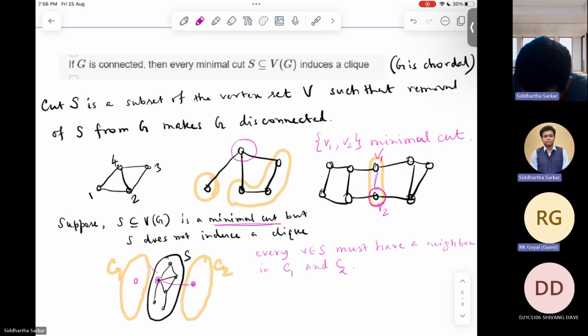You can take this vertex inside component C1, and then removal of the rest of the vertices of S is also a valid cut. Did that make sense?